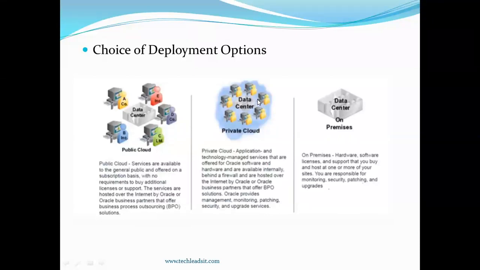Then Oracle deploys the same enhancement to their data center, and that change will be available only for the business partner who requested it. It doesn't go to another business partner. That kind of restriction is available in the private cloud.